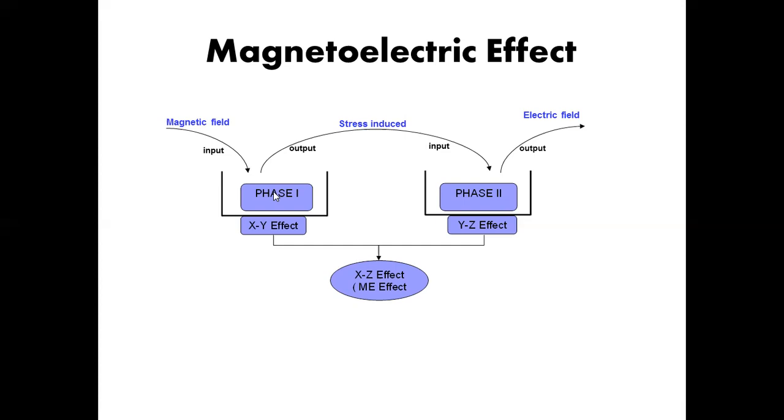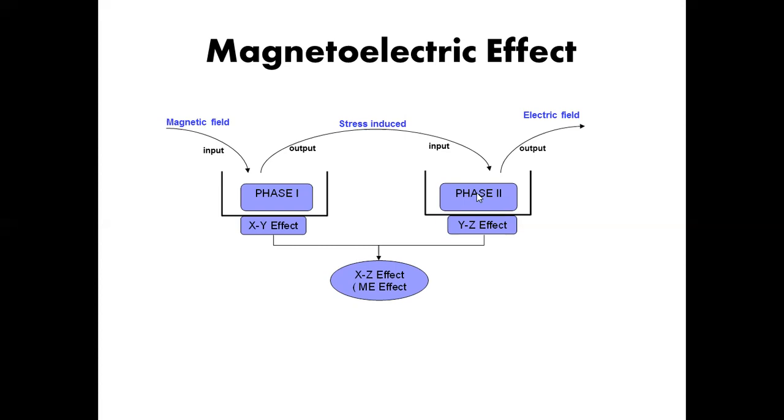So when we are applying the magnetic field to this complex mixture of two phase materials, what happens? The phase one material will respond to the input. The input is the magnetic field. So the magnetic field is the input for this phase one material. And because of the magnetostriction effect, which is going to take place in the magnetic material, a stress is developed on the phase two material.